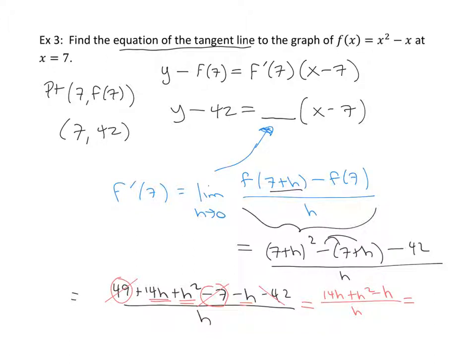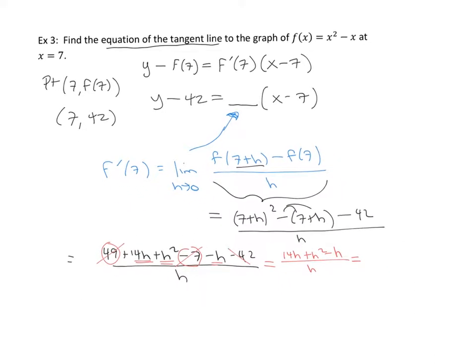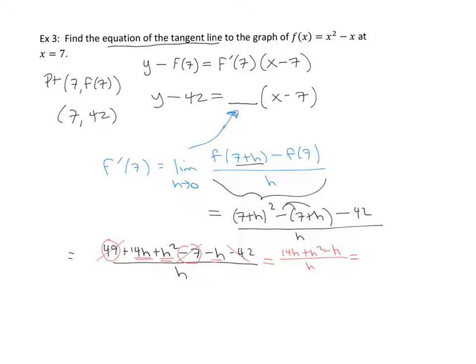Now I can factor out an h. When you do that, you get h times 14 plus h minus 1, divided by h, canceling. And now remember, we were doing a limit.